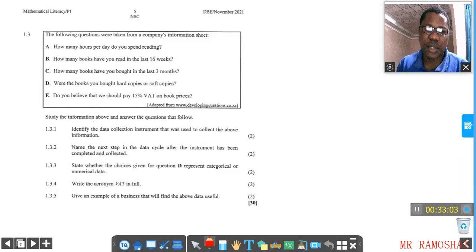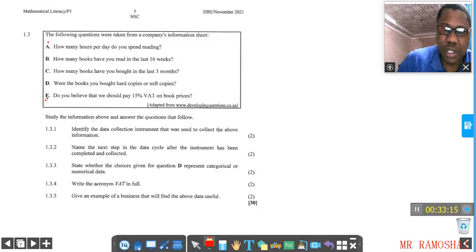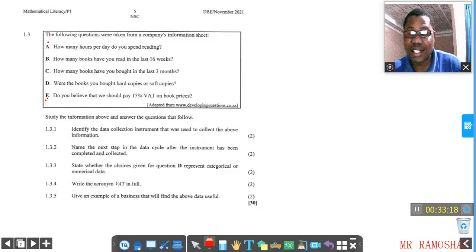The following questions were taken from a company's information sheet. From A up until E, these are the questions that they have used in the company. It means here we can be talking about data handling, the first step, which is developing or designing the questions.